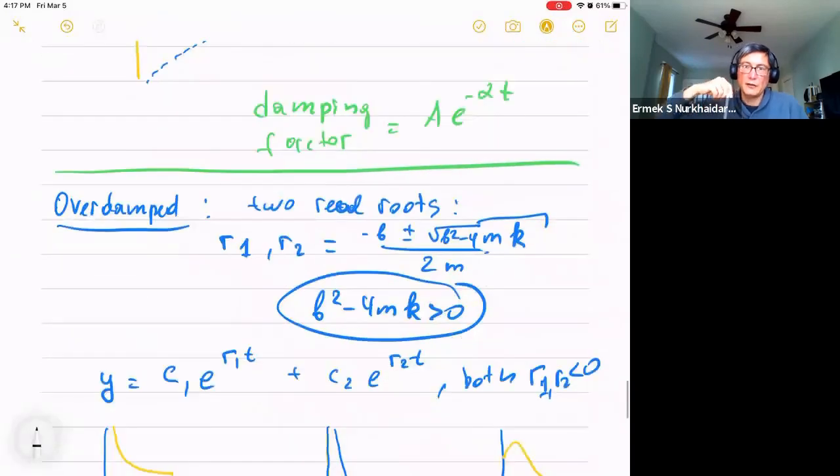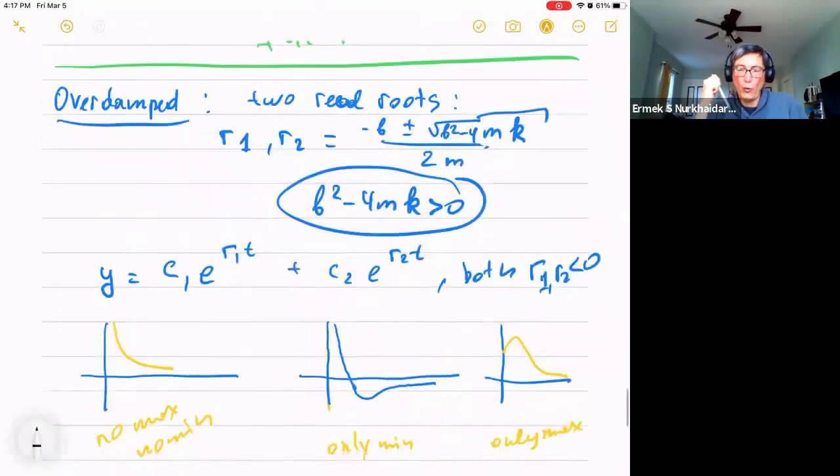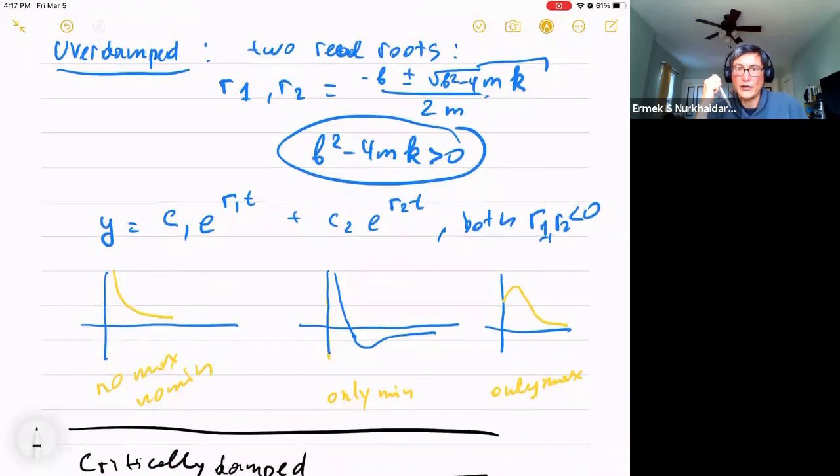Or for overdamped or critically damped, it will do it at most once, and then that's it. So it will either keep on bouncing, or it will bounce once and then sit. Okay, that's kind of a bit strange.